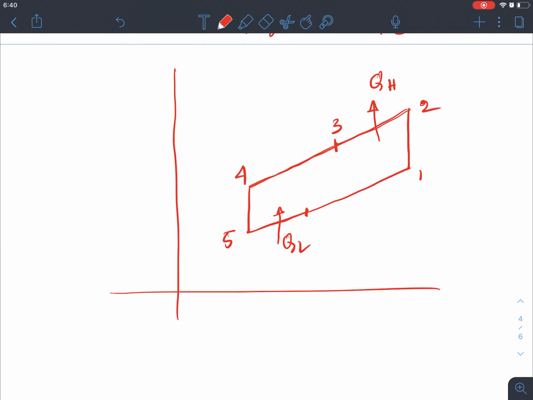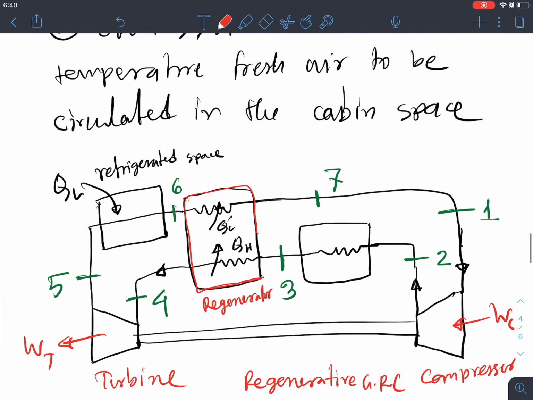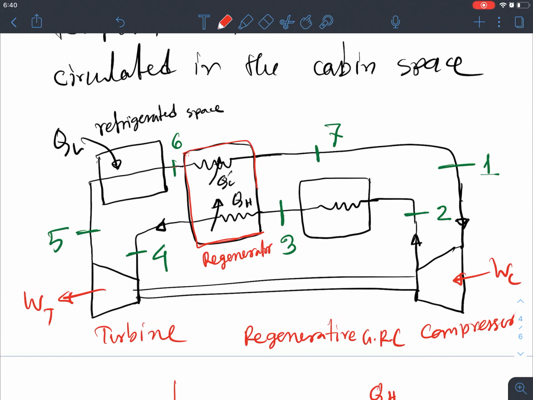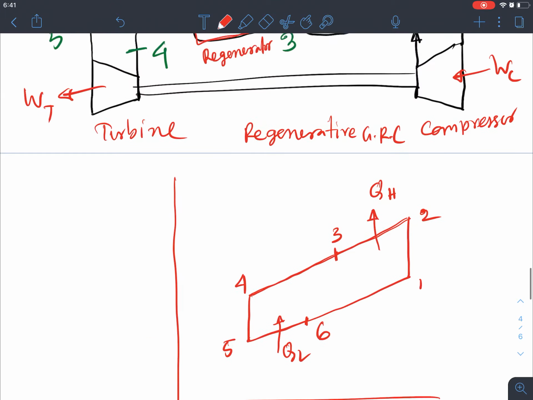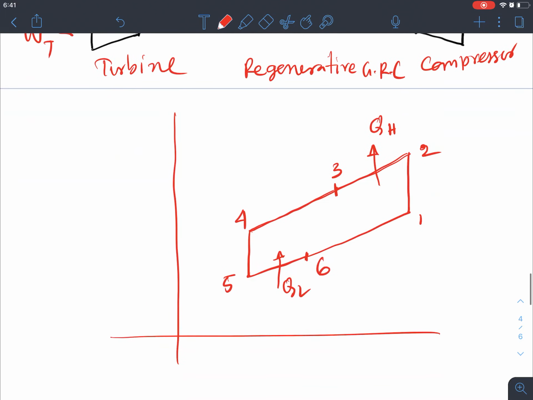Then 6 to 1, there is no point in making it 7, so it's the same, 6 to 1. In 6 to 1, QH and QL prime are the same, so it is absorbing QL prime.